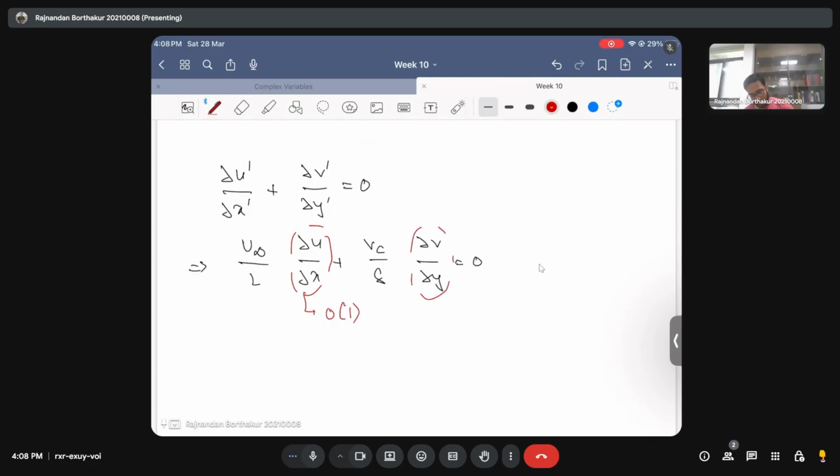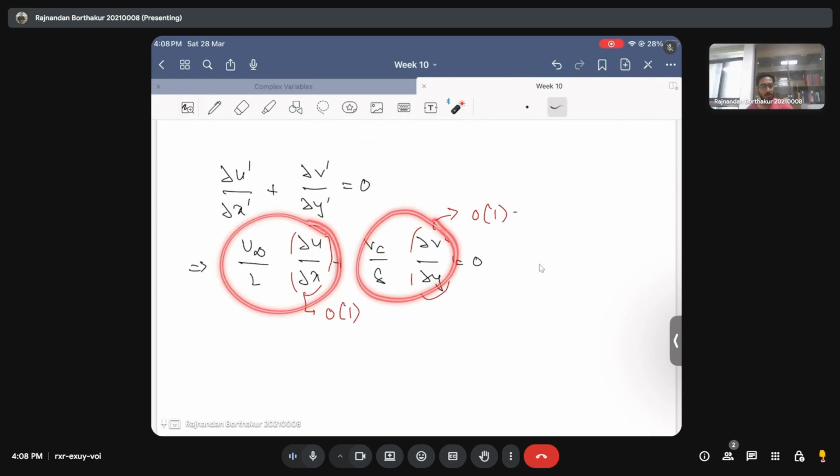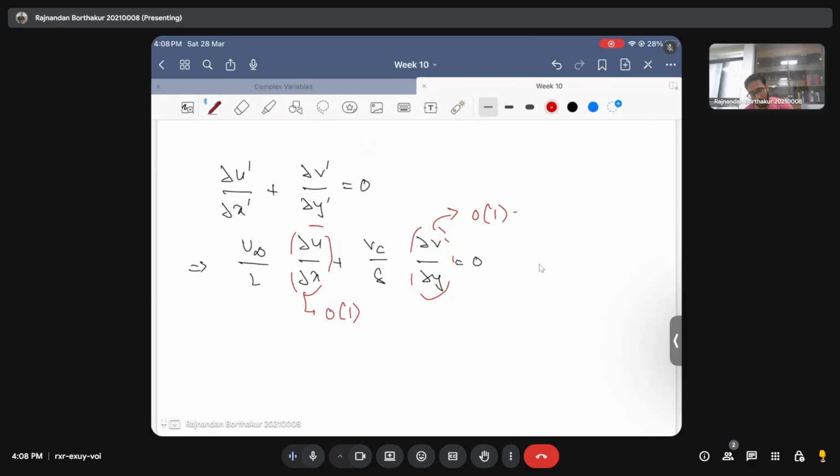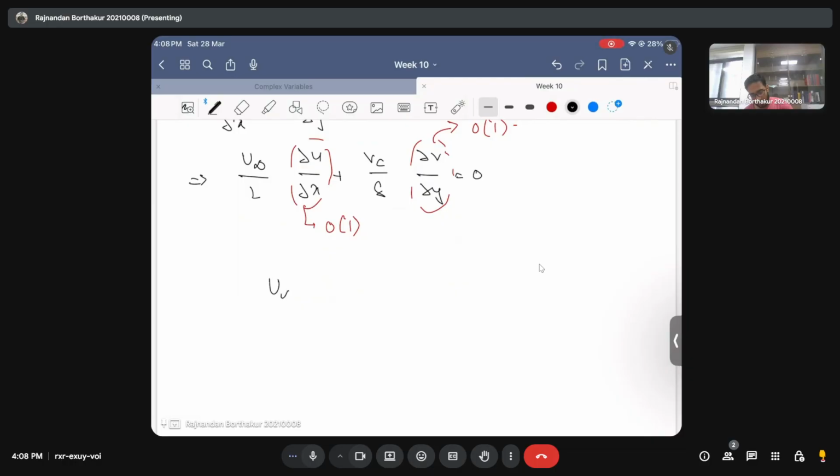Now the point is this term is order 1, and this term also happens to be order 1. The entire sum is equal to 0, so the only way possible is that u infinity by L has to be of the same order as Vc by delta.